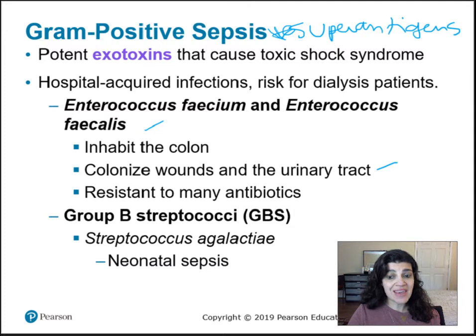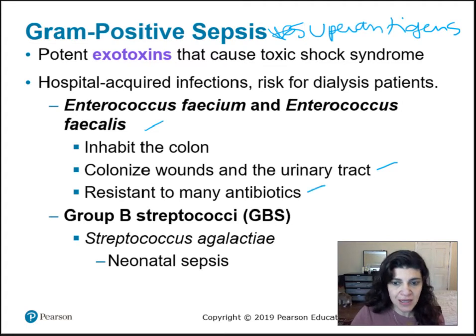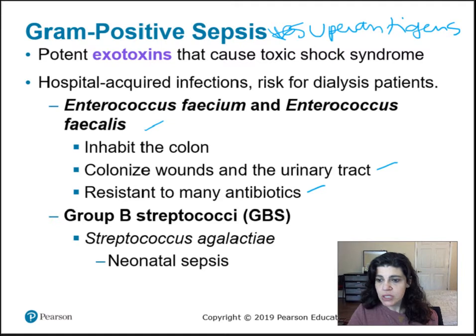Because they are nosocomial, they're used to the hospital environment, and they can be resistant to many antimicrobial drugs. Enterococci are the third most common nosocomial bloodstream pathogen and cause intra-abdominal, genitourinary, surgical, endovascular, and other serious infections, okay?